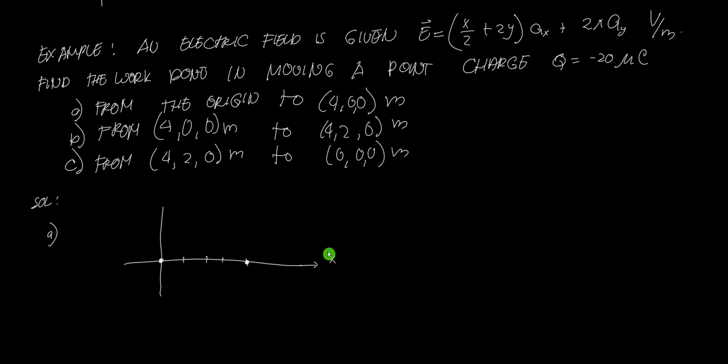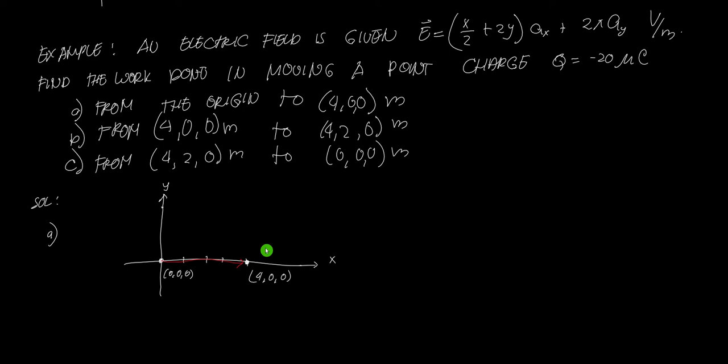There's no z direction, so it's just in the xy plane. We're moving this charge from here to here. So we start at (0,0,0) and want to move it to (4,0,0). It's just a straight line, so we can directly solve this.